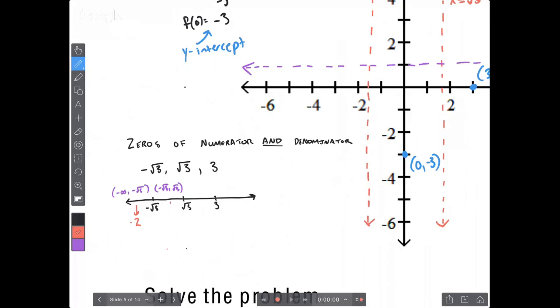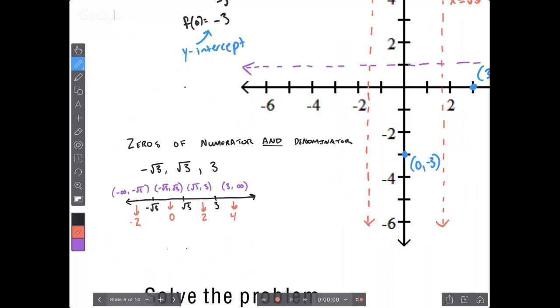Something there might be like 0. Then I want to know what's a value between root 3 and 3? Something there might be like 2. And then what's a value between 3 and infinity? Maybe 4.